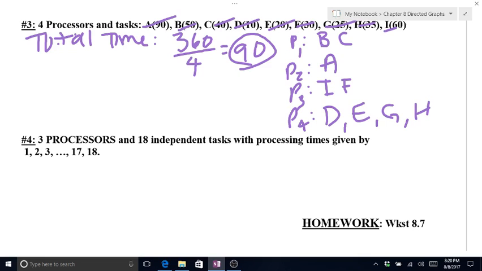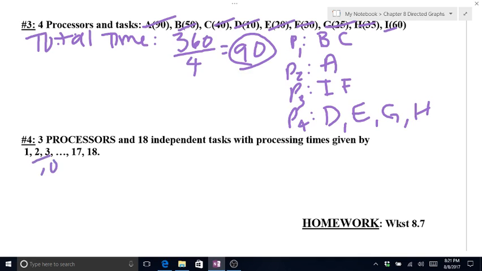Number 4 is slightly difficult. 3 processors and 18 independent tasks with processing times given by 1, 2, 3, 4, 5. So we're counting up all the numbers between 1 and 18. Each processor each task. Task 1 is 1 minute, task 2 is 2 minutes, 3 is 3 minutes, and so forth.